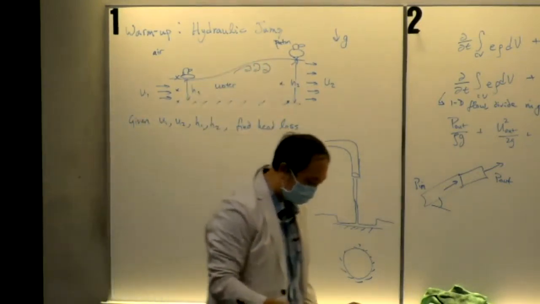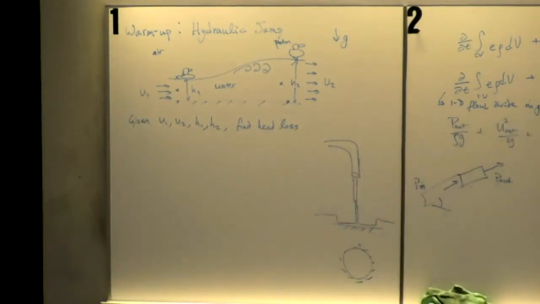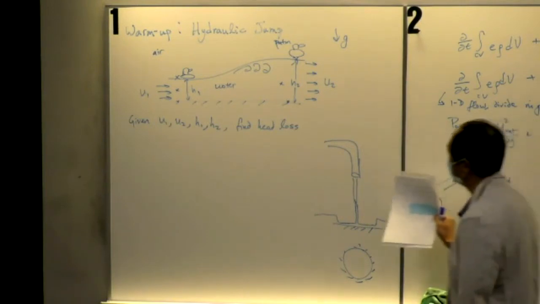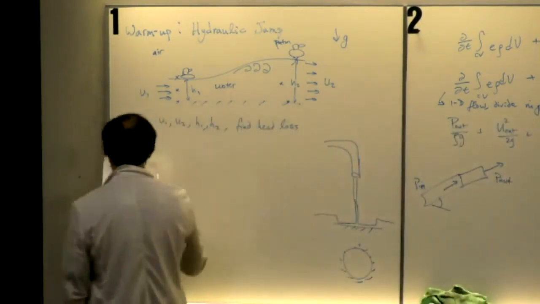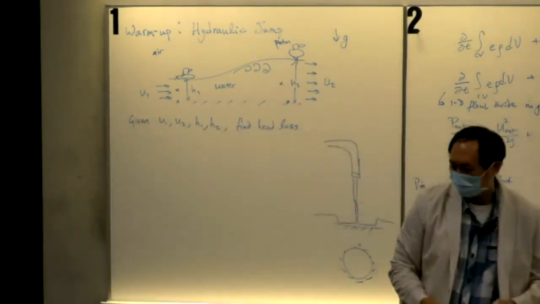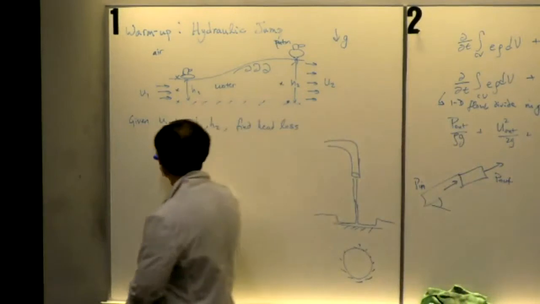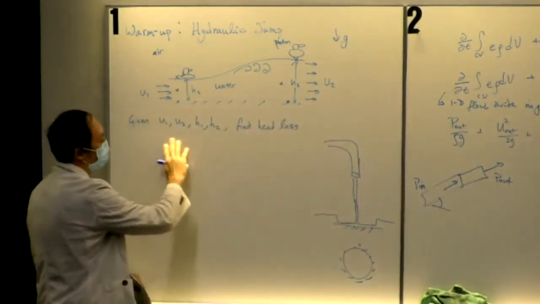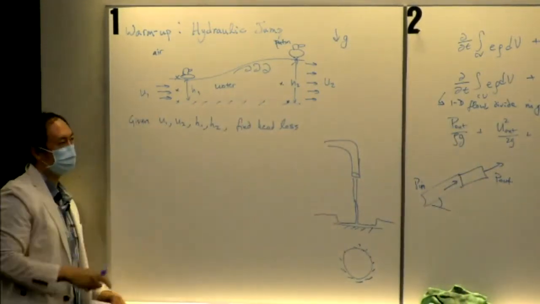Okay. So maybe you can talk to the person next to you. I'm going to check up on you every couple minutes. See if you can do conservation of mass first, then conservation of linear momentum, and those will give you closed form solutions for basically the velocity 2.